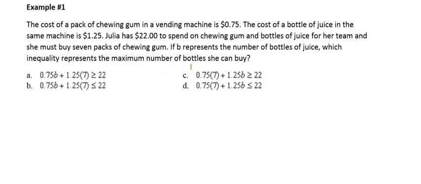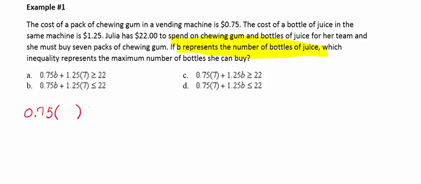Well, in this question, we already have our let statement: B represents the number of bottles of juice. So that's our let statement right there. And then what we're going to do is write the inequality. We know it's 75 cents per pack of chewing gum, so it's 0.75, multiplied by the number of packs of chewing gum.